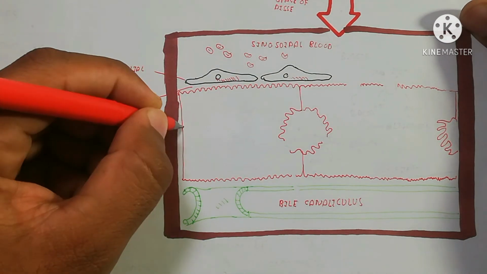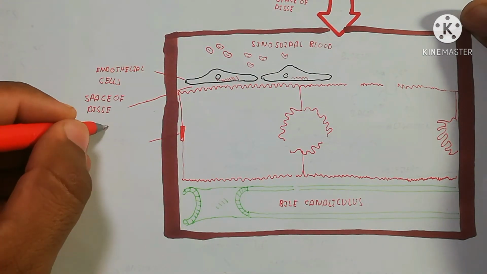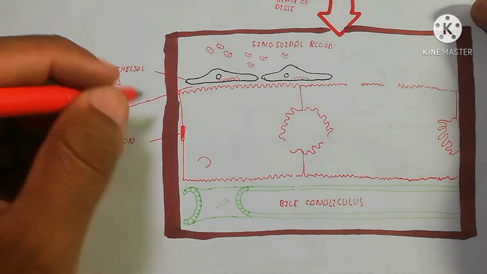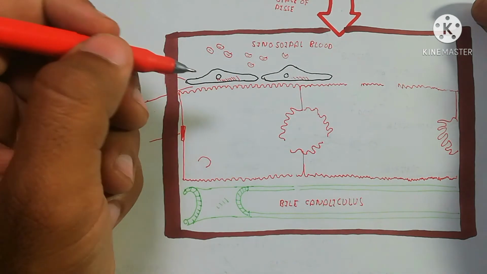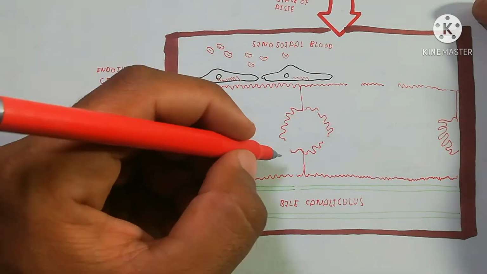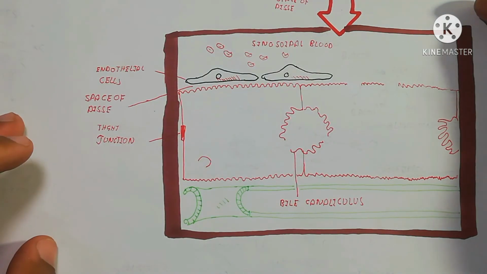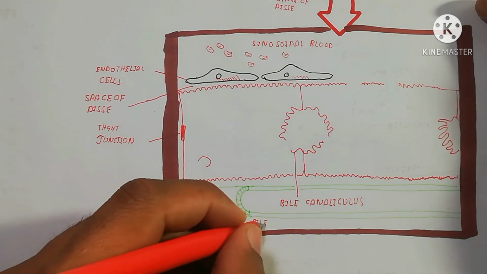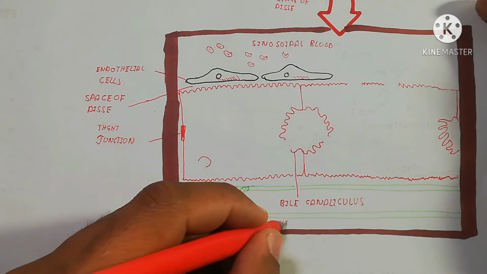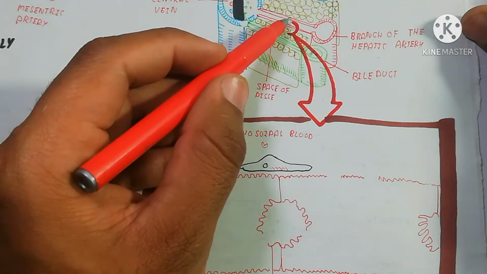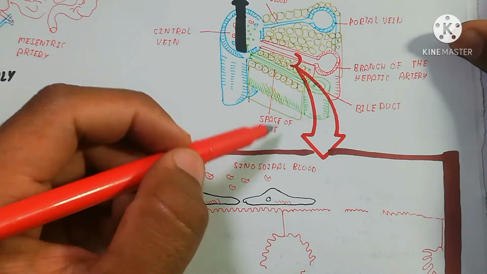And here are the endothelial cells, and here is the space between the endothelial cell and hepatocyte. And here is the tight junction, which tightly binds the other hepatocytes. And here the bile duct is present as far as a canaliculus.